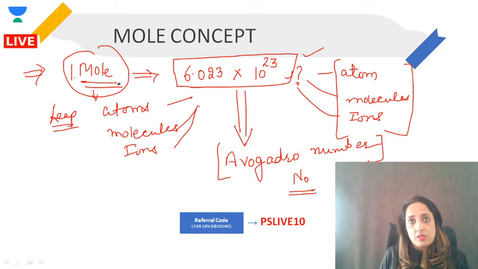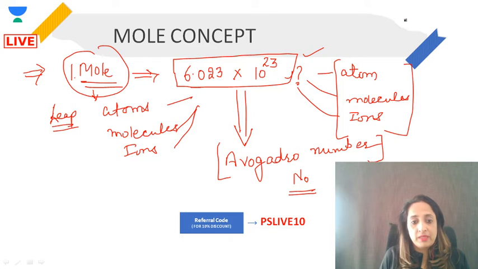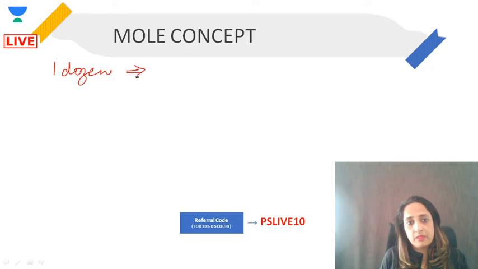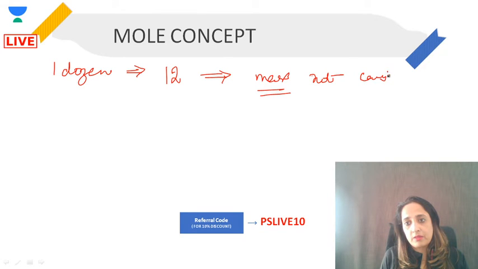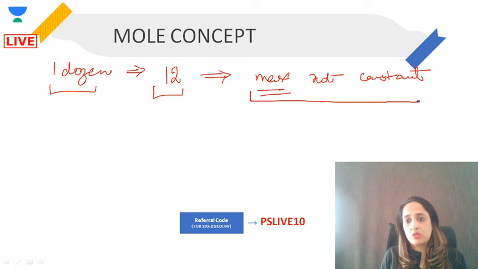Now, in case of a dozen, the number is 12, but their mass is not constant. A dozen is 12 of something and its mass is not constant.